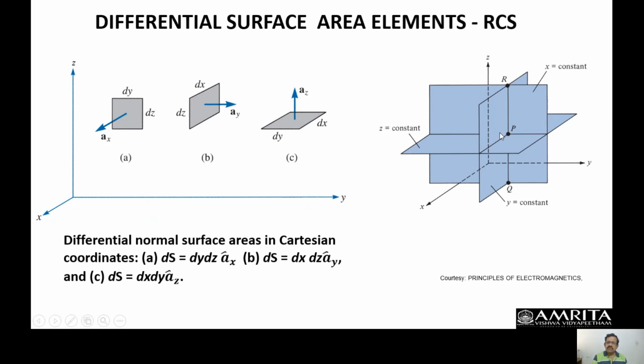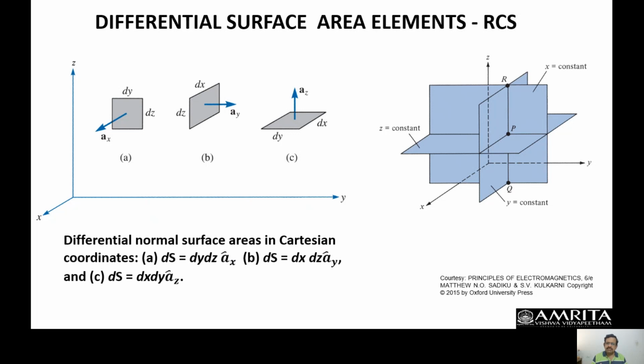What are constant? Whenever we talk about a surface area element, we need to know what the plane is. How do we define the plane? We call x equal to constant the x plane, y equal to constant the y plane, and z equal to constant the z plane. When x is constant, it is parallel to the yz plane. When y is constant, it is parallel to the zx plane.